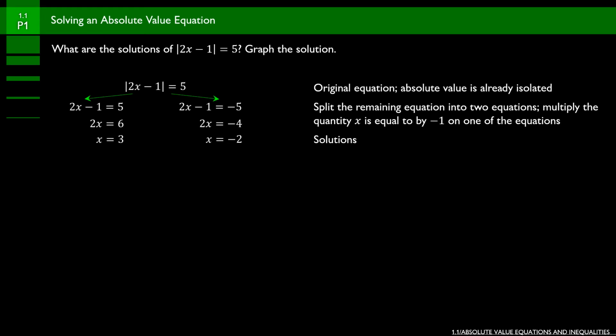Now what we want to do is go back and check and make sure that we did this correctly. So we're going to take our two solutions and plug both of those solutions back into the original equation. So the absolute value of 2x minus 1 is equal to 5. We're going to plug in 3, so the absolute value of 2 times 3 minus 1 is equal to 5.